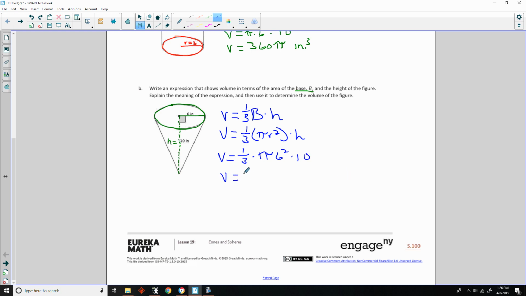So the volume equals 6 squared is 36 times 10 is 360. So it's 1/3 times 360 pi. This can also be simplified. So 1/3 of 360 is 120. So the volume of this cone is 120 pi inches cubed.